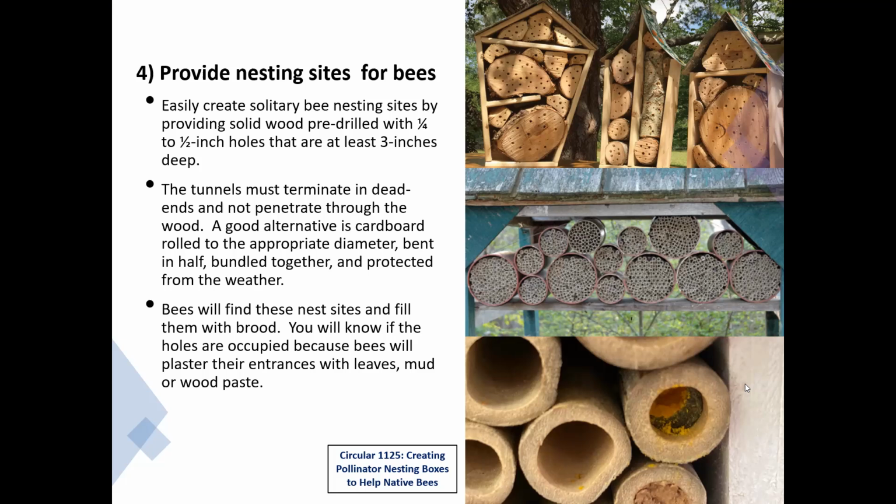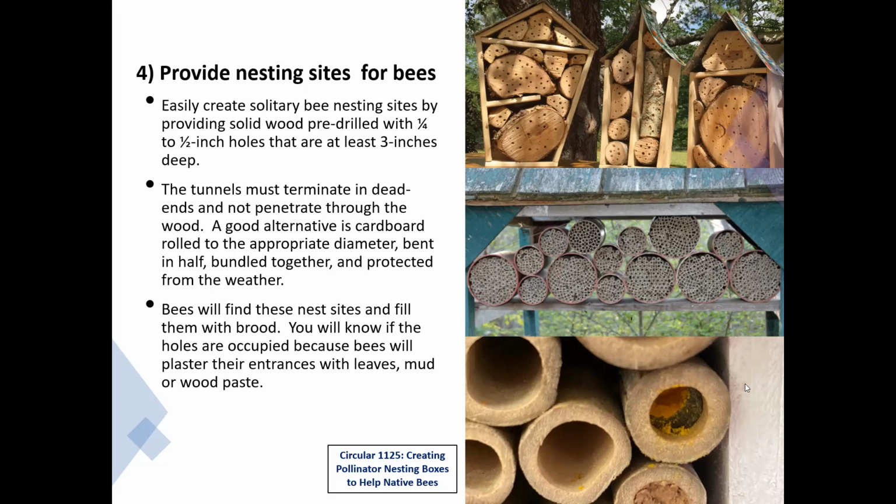The tunnels have to terminate in some type of a dead end. So don't have a completely hollow straw or reed. Bamboo makes a really excellent type of tunnel for the bees, and you'll see that in a lot of the bee houses, they use bamboo. If you have golden bamboo that's growing out in the back 40, grab some of that, and just make sure it's the correct diameter.